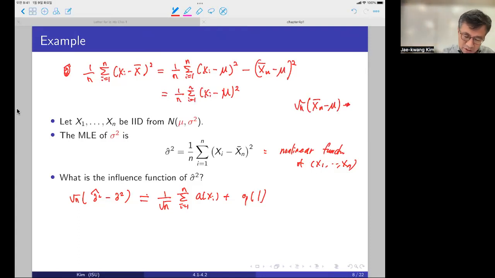So that means we have an n minus 1. This guy goes to 0, but in the order of 1 over n. Basically, if you take the expectation of this guy, the expectation will be 1 over n times something. So you can see this.